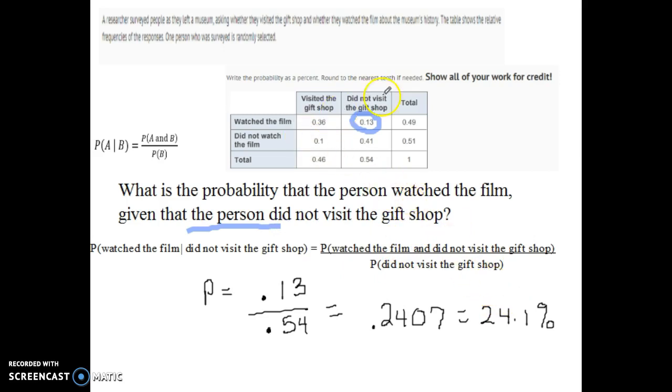So that total, did not visit the gift shop, is this column. So here's the total, 0.54. When you divide 0.13 by 0.54, you get 0.2407. Move the decimal 2 places to the right. This is 5 or greater, right? So we're going to bump that up to 1. So 24.1 would be the answer here. Make sure to show all your work.